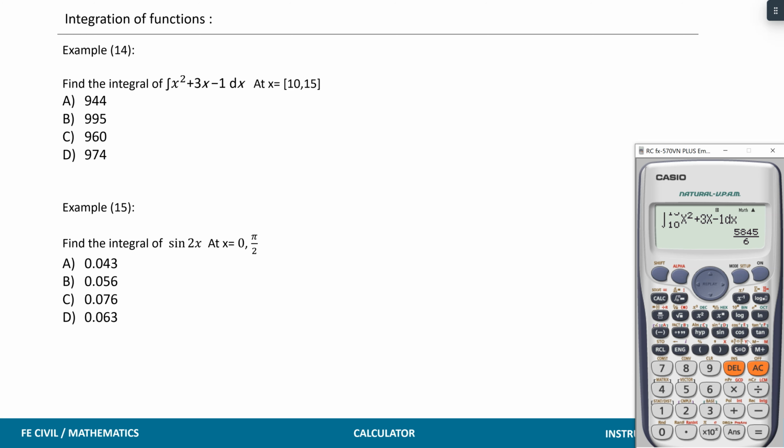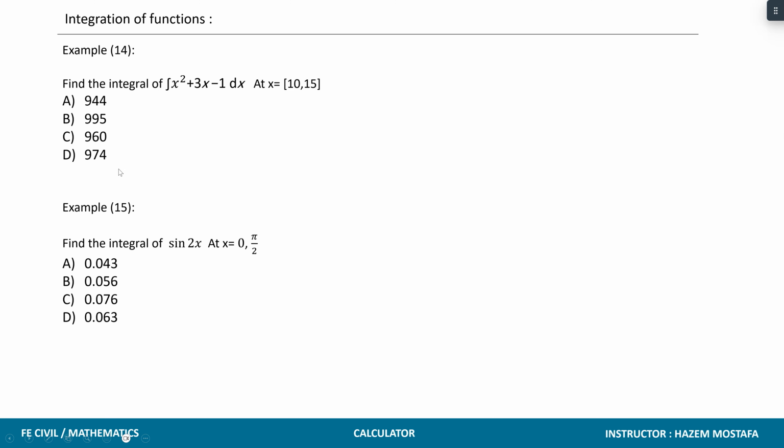In order to get the decimal, you press the SD button, which is right here, 974.1, which is solution D.